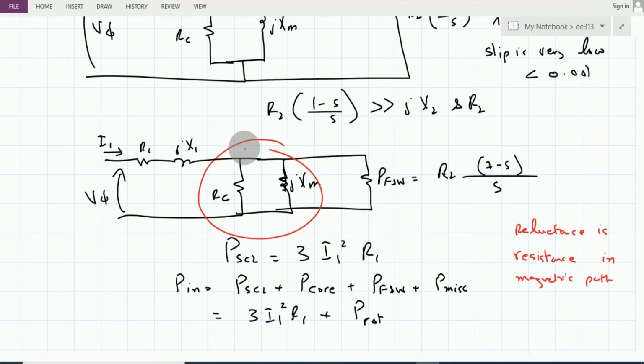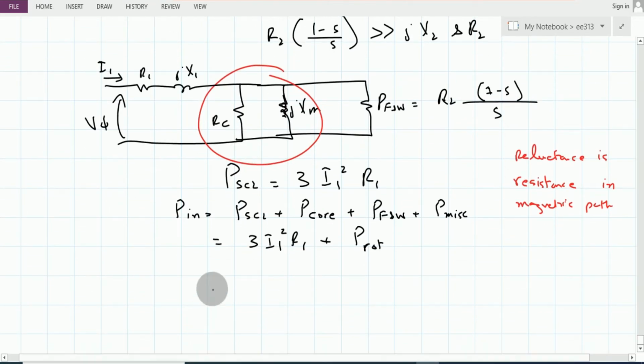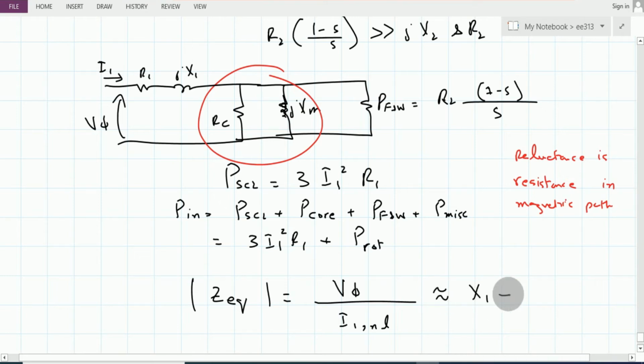So with large lagging current, the voltage drop will be across the inductive component such that the Z equivalent is equal to V phase divided by I1 at this no load, and that is approximately equal to the value of this X1 and this Xm.